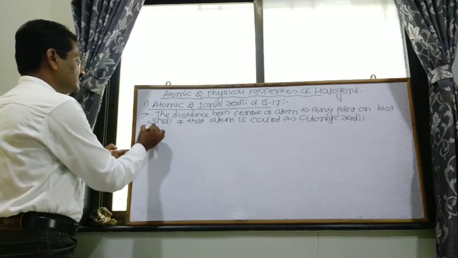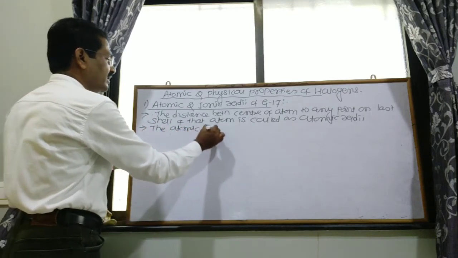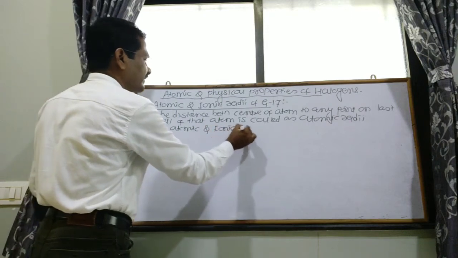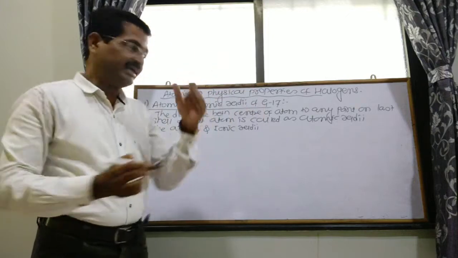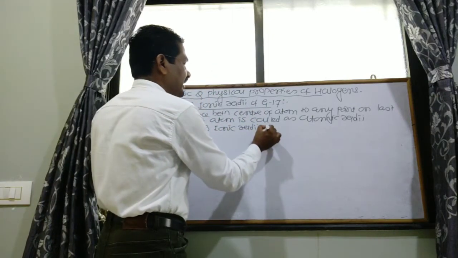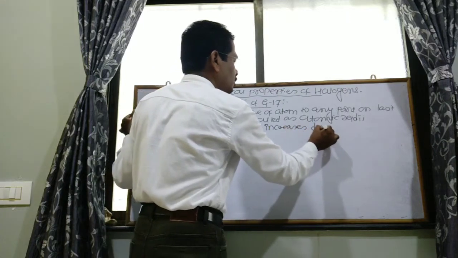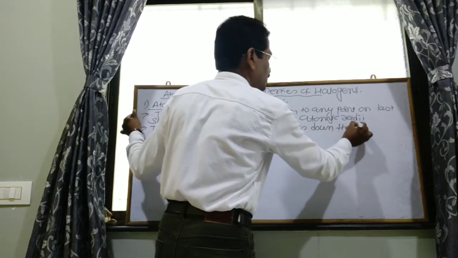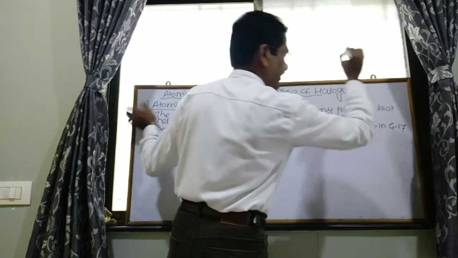Second point, the atomic and ionic radii increase down the group in G17 elements.